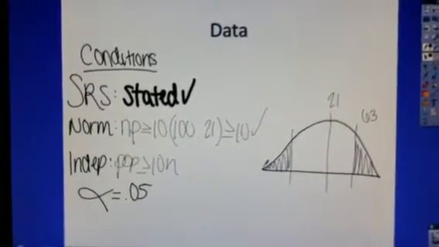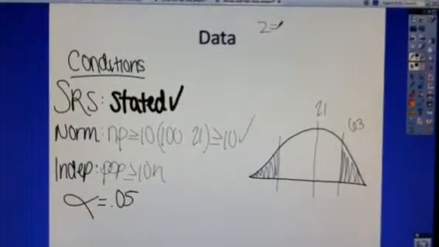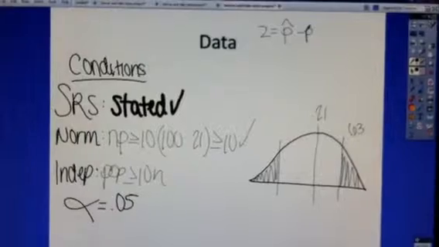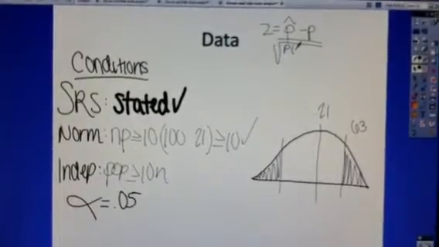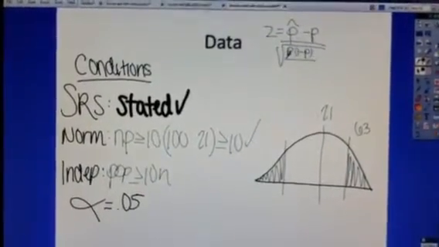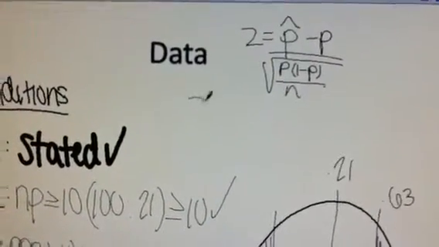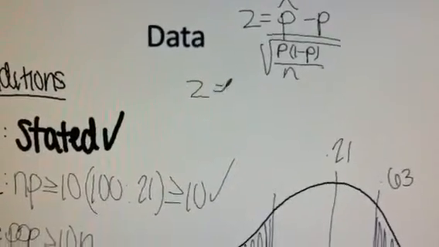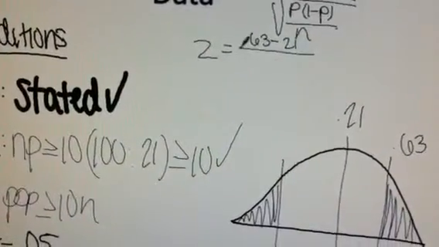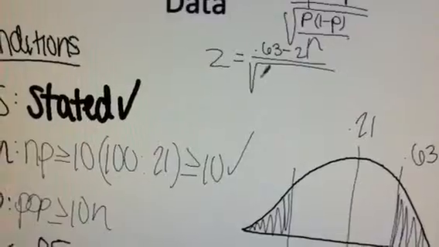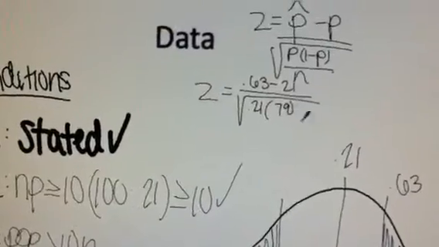We had a one sample z-test. So z equals p hat minus p divided by the square root of p times 1 minus p divided by n, which would lead us to z equaling 0.63 minus 0.21 divided by the square root of 0.21 times 0.79 divided by 100.